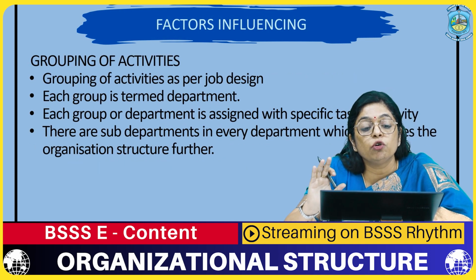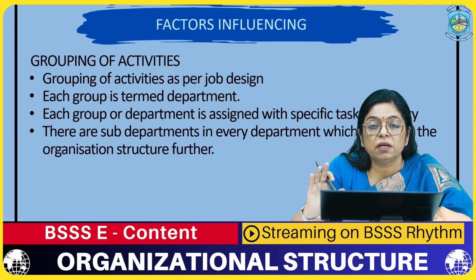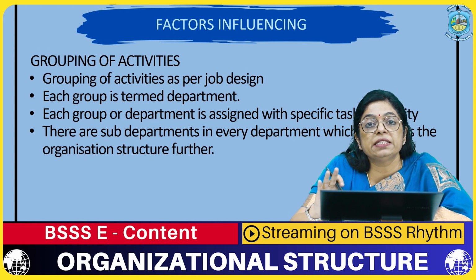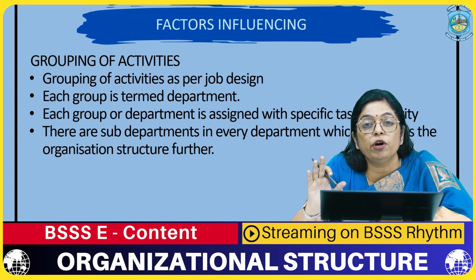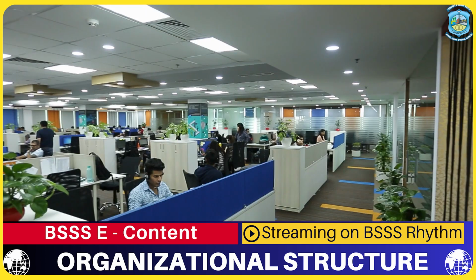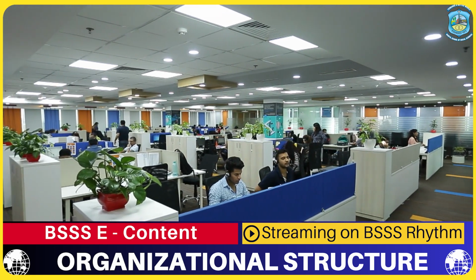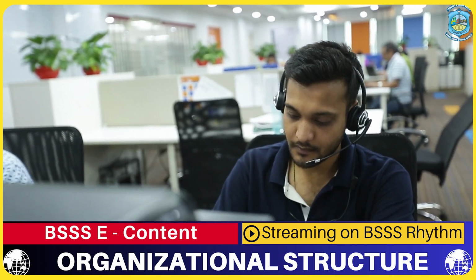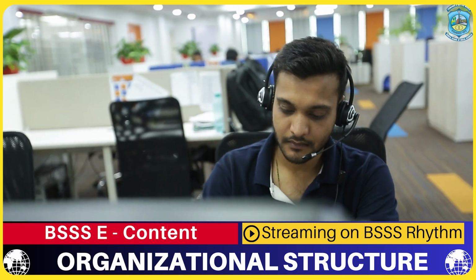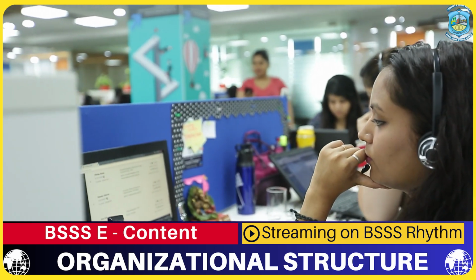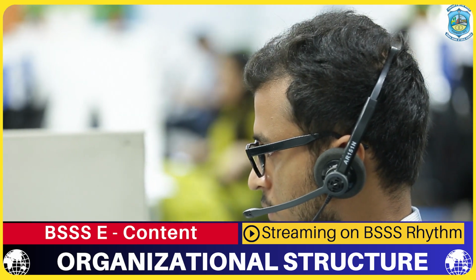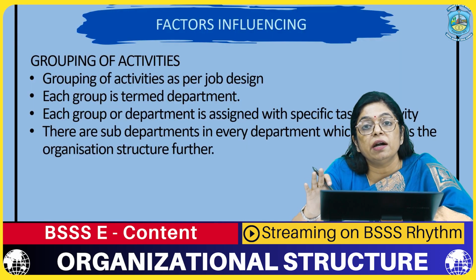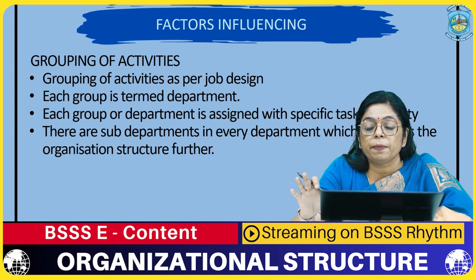Another factor is grouping of activities. When we talk of job design, it means distribution of activities according to a particular group. Each group means each department. For example, finance department people will look at the finances, marketing department people will look at the marketing. So each group is given a department and activities are designed as per the departments.